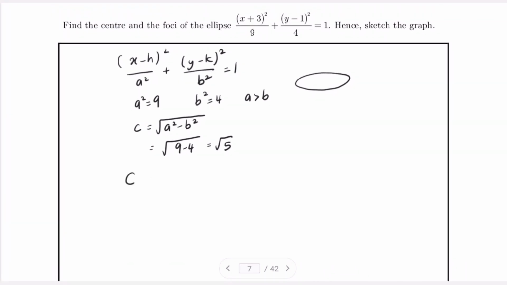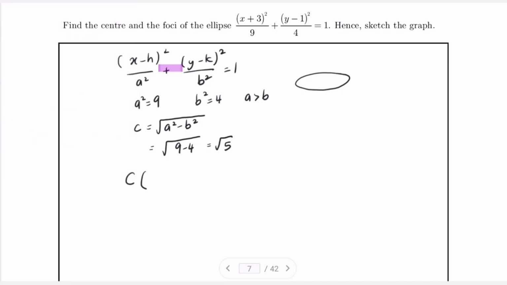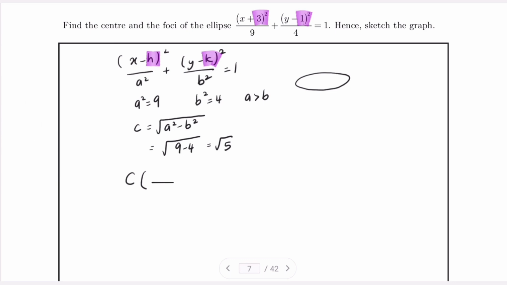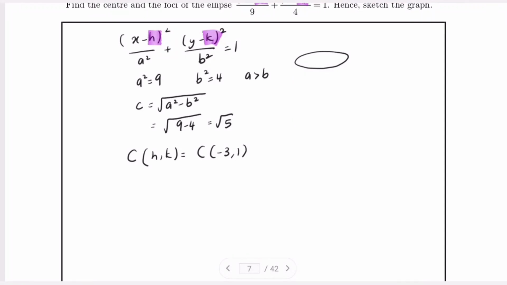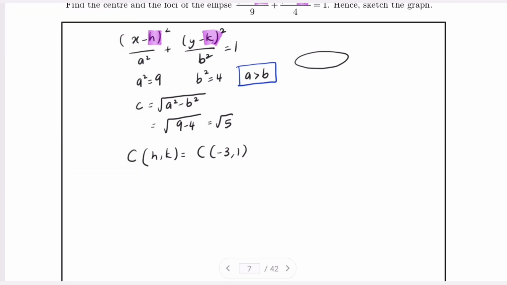So let's start with the center. We're going to compare h with negative 3 and k with 1. So we get the center of (negative 3, 1). So if a is greater than b, we know that k will stay the same.